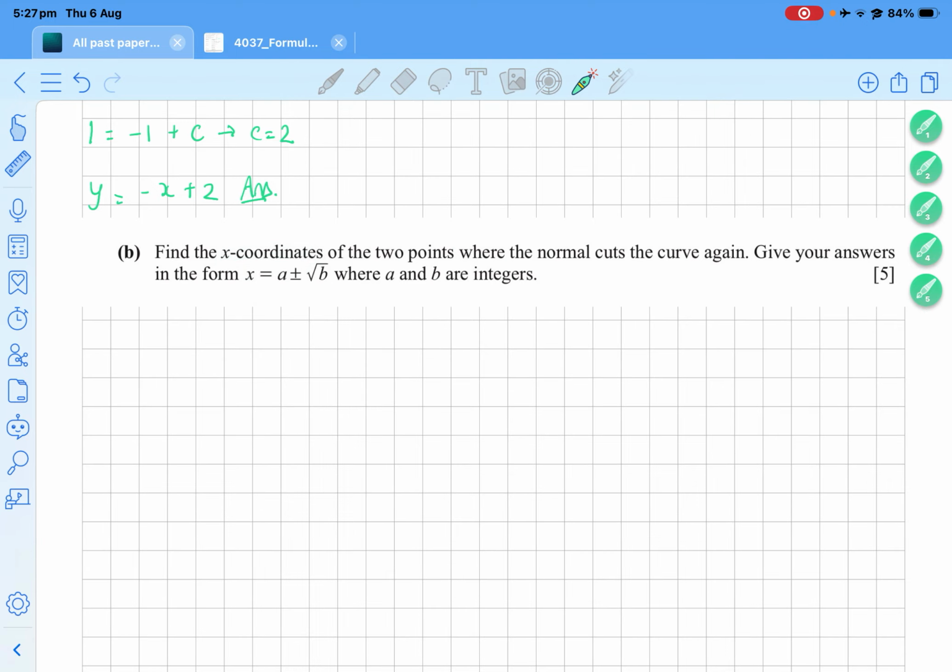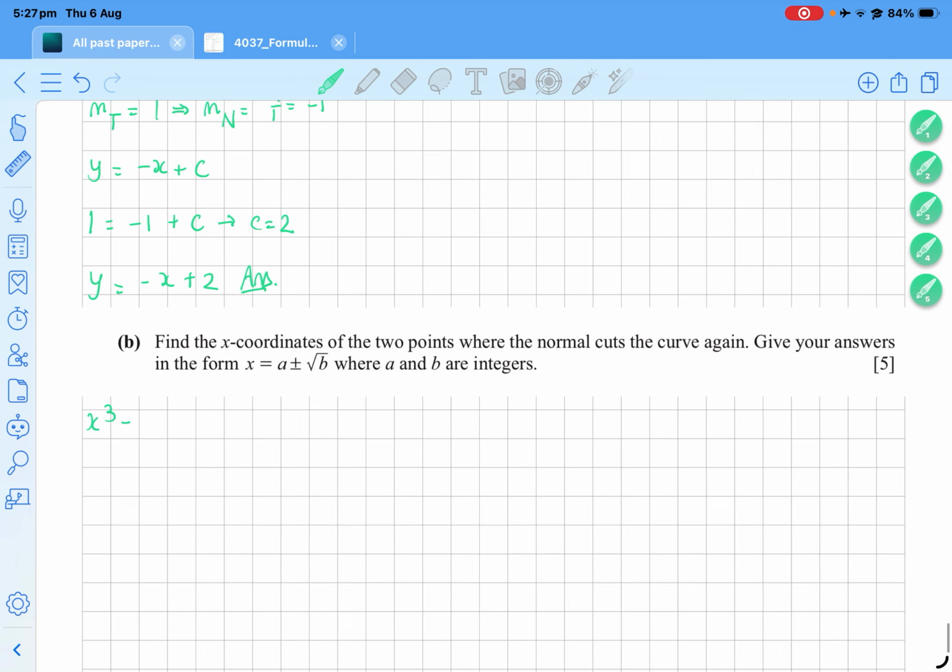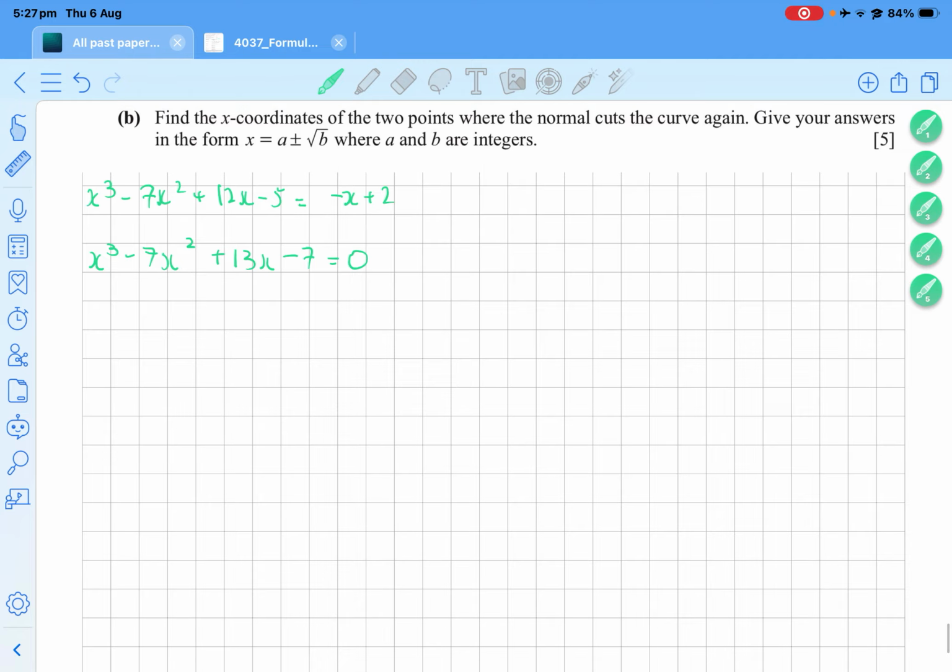So where does the normal cut the curve? x cubed minus 7x squared plus 12x. x minus 1 is a factor, so find the factor. x minus 1, so x cubed minus 7x squared plus 13x minus 7.